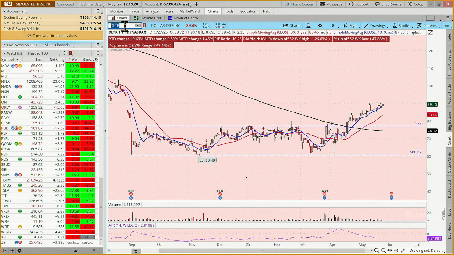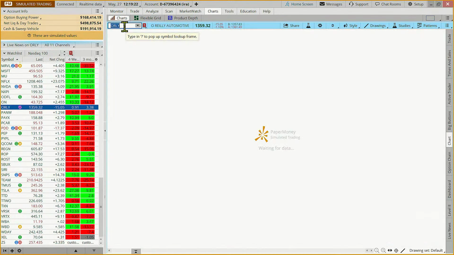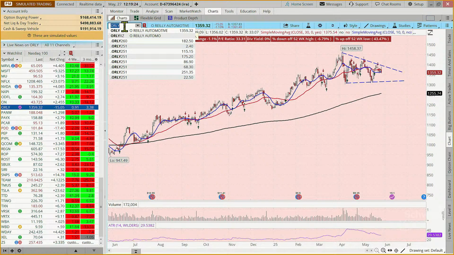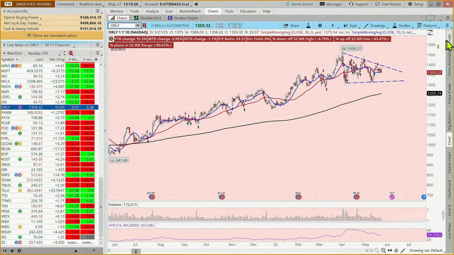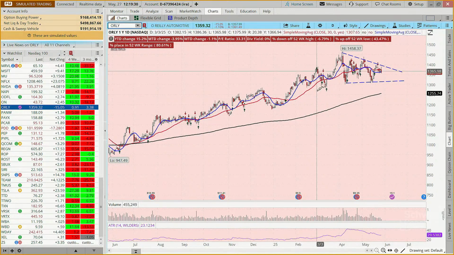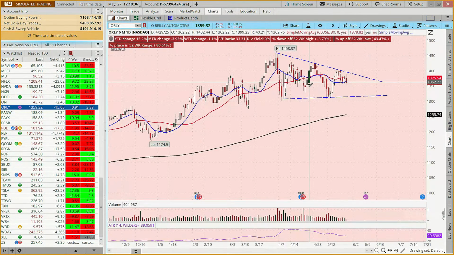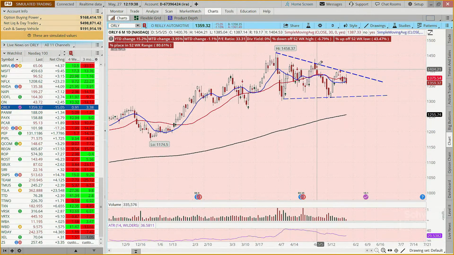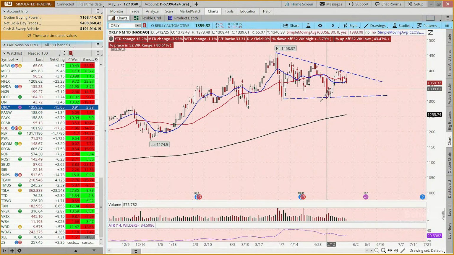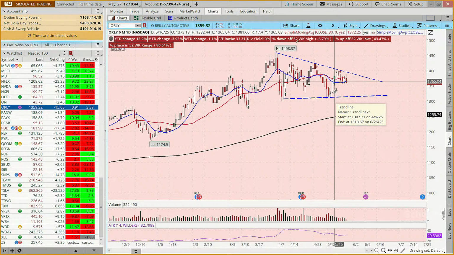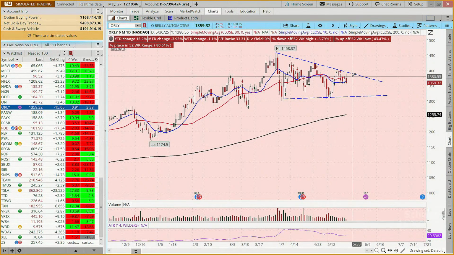Now, if we wanted to look at the downside, could we look at something like O'Reilly? And this might turn out to be not a downside, because this stock has over the last year been uptrending. It's up 15% year to date. But of late, what are we seeing? We're seeing lower highs and similar lows, and that we call a descending triangle.